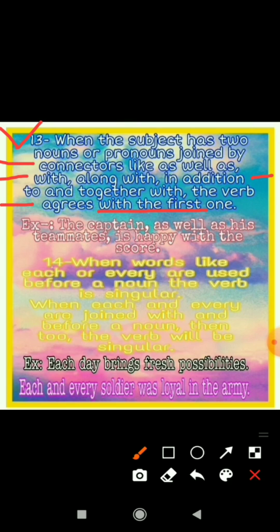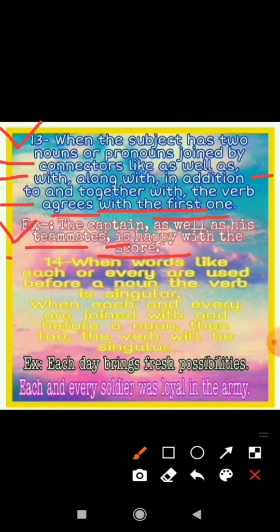Example, you can see, the captain as well as his teammates is happy with the score. So here two nouns are there, that is the captain and his teammates, and they are joined with the connector as well as. So we have considered the first subject, that is the captain, and according to the captain we have used is here. The captain as well as his teammates is happy with the score.